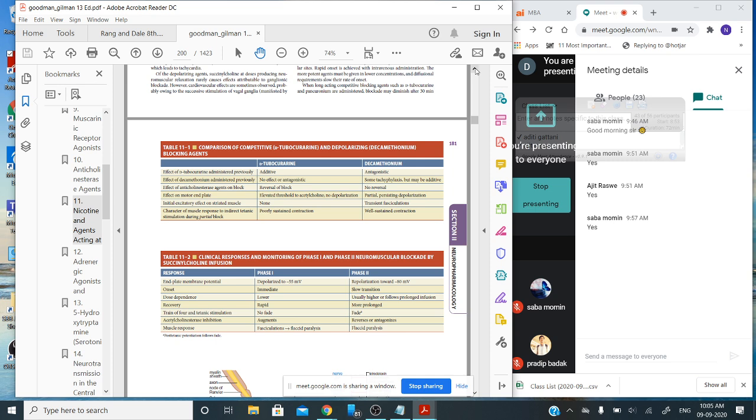Now let us see what effect they can have. For this, I already told you that you should be aware of the action potential. You should be aware of the term refractory period. Does anybody know what the refractory period is?